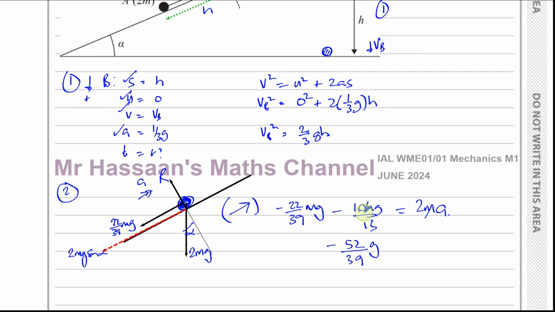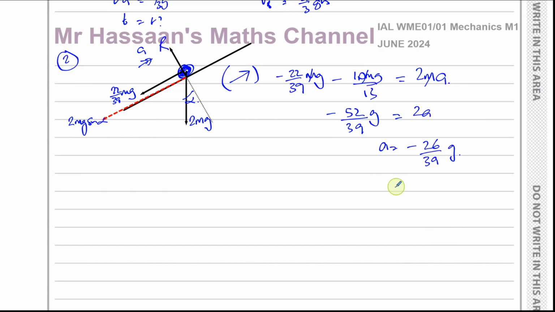The m's will cancel out, is equal to 2a. So a is equal to minus 26/39 g. And 13 goes, so it's 2/3 g. So the acceleration is going to be negative 2/3 g.